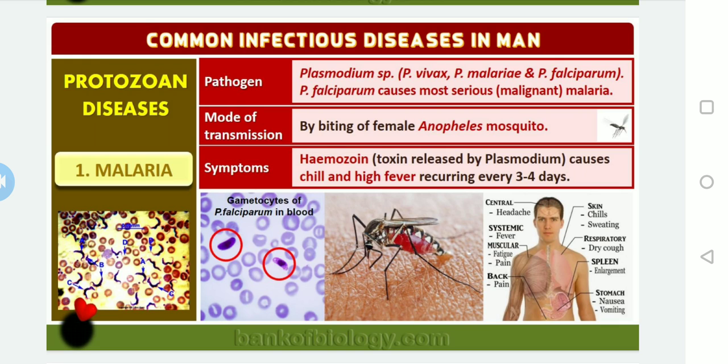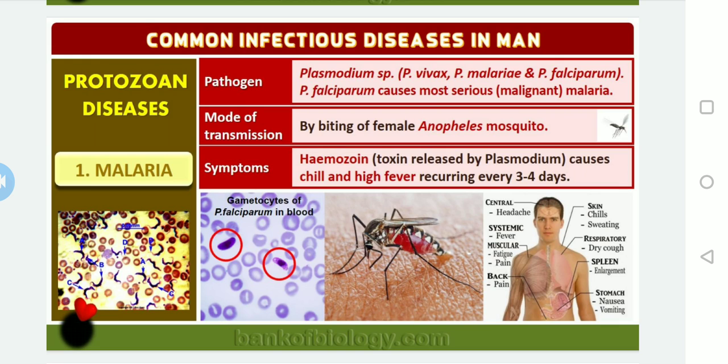The first one is malaria. You must have heard about malaria as a fever, isn't it? So this comes under protozoan diseases.